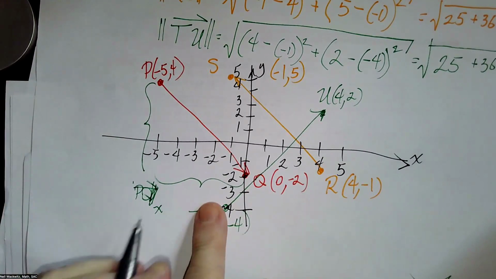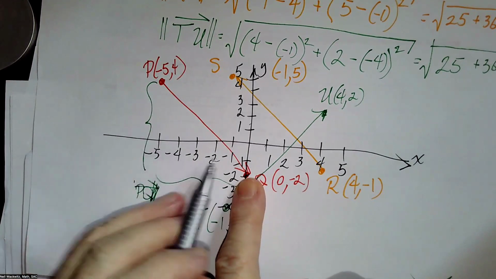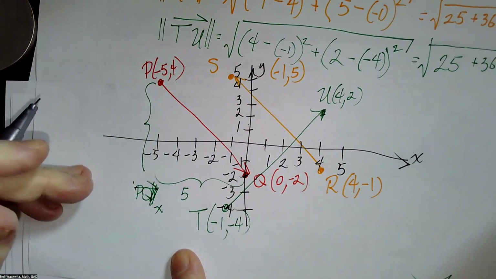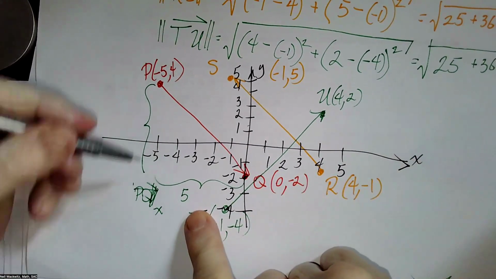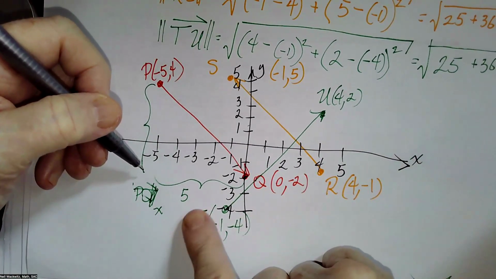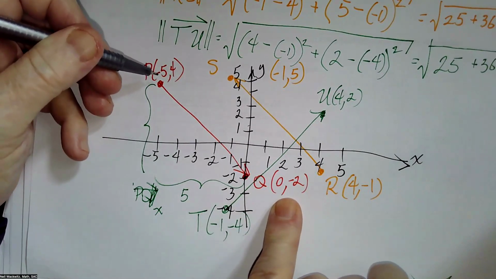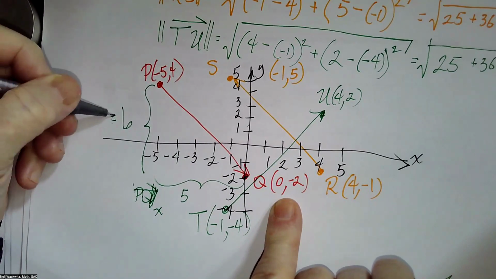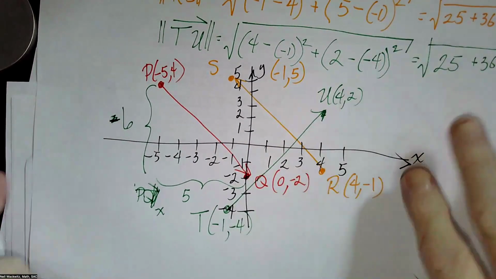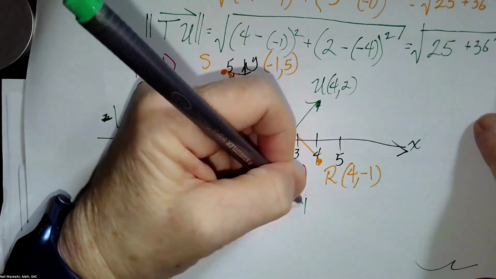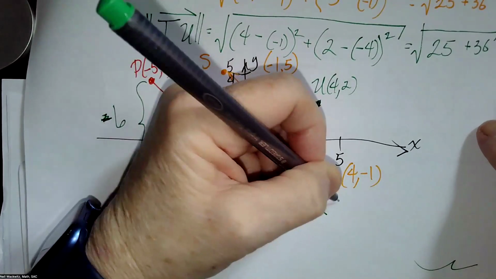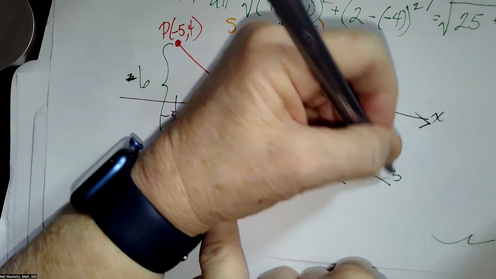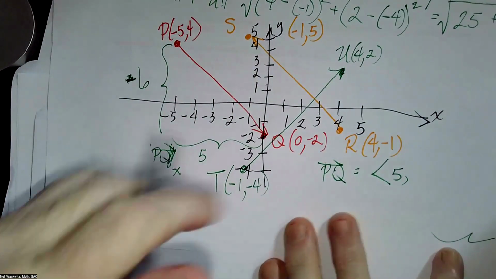PQ sub x looks like we're going 5 units, and it's in the positive direction. The y change is 4 plus 2 is 6, and it's negative, so that we would say that PQ is equal to 5, negative 6.